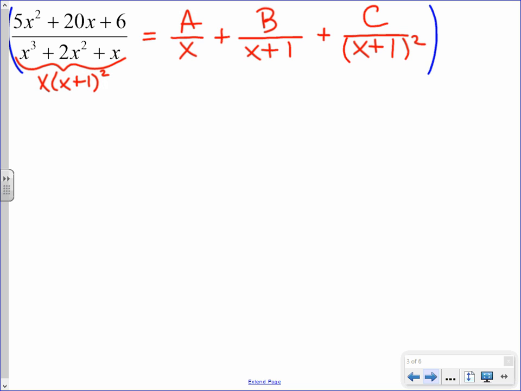Okay, so we are going to multiply by the least common denominator. Our least common denominator is the same as this denominator, so we're left with 5x squared plus 20x plus 6. Okay. A, what will A be left to multiply by?